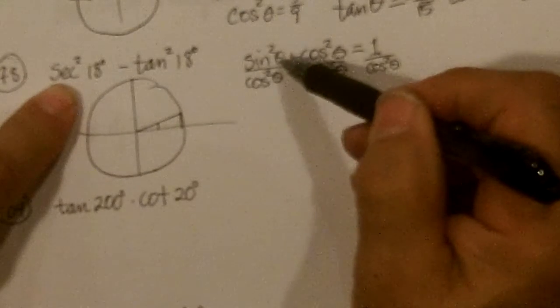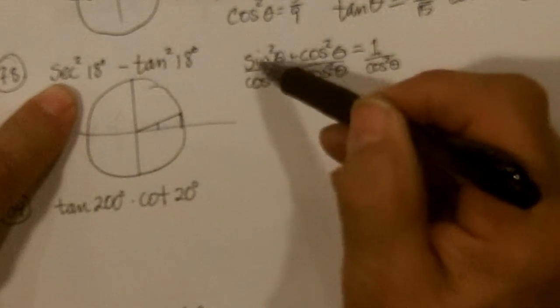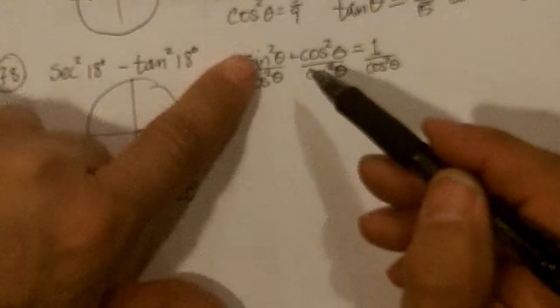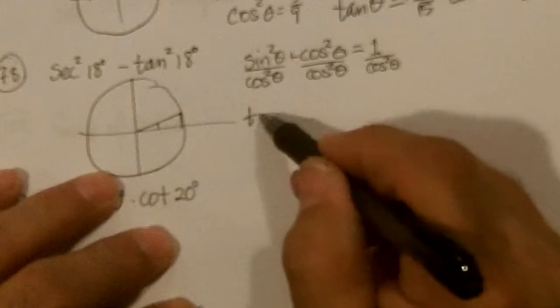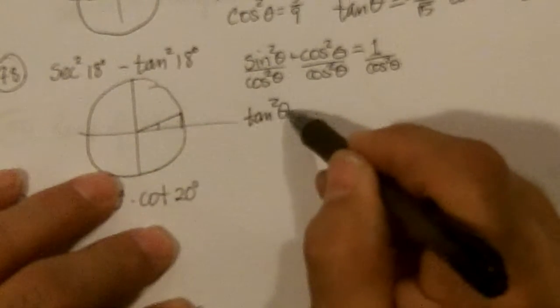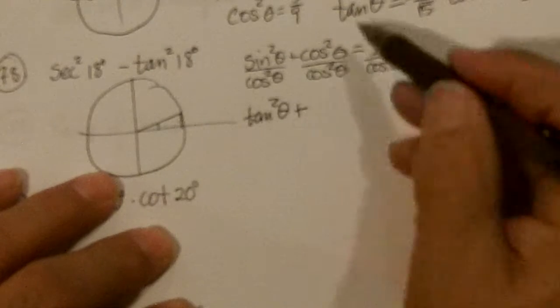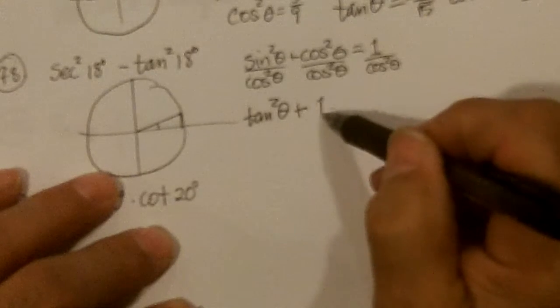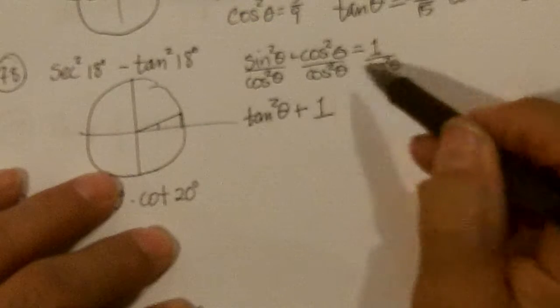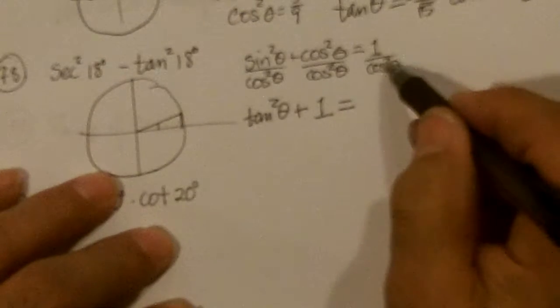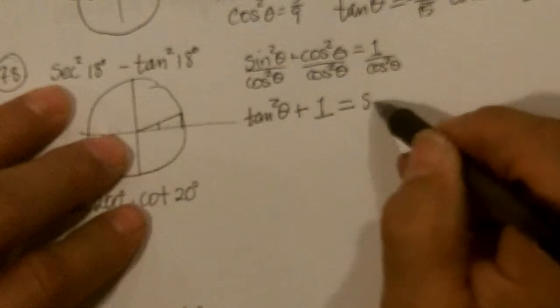Well, sine squared of an angle over cosine squared, sine over cosine is tangent, so this would be tangent squared. Plus, this would be 1, cosine squared over cosine squared, and 1 over cosine squared would be the secant squared.